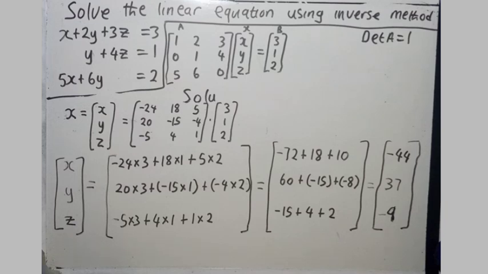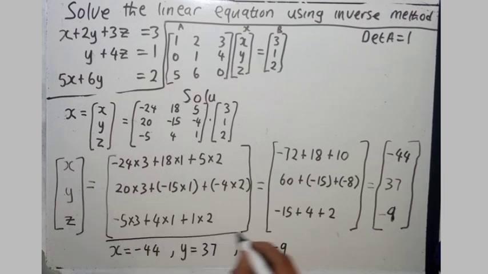So at the end of the whole day, we got our x to be minus 44, our y to be 37, and our z to be minus 9. Now, all this solving that we have been doing is just to get this value, and we have succeeded in getting it.